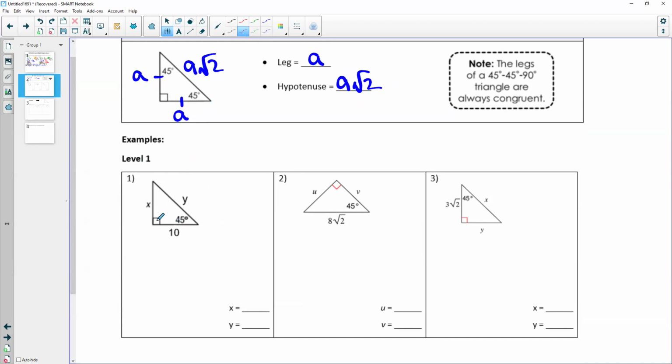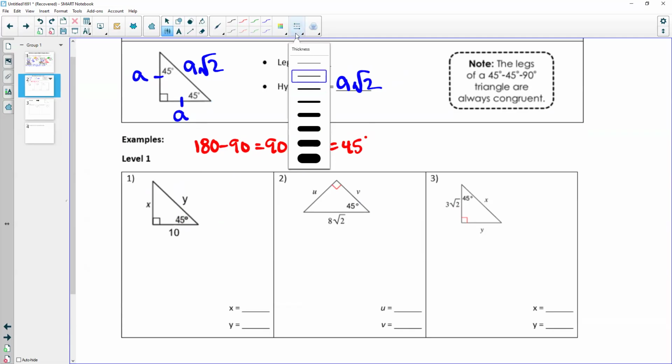Well, if I see here that I have a 90 and I have a 45, I'm only going to do this one time, but if we wanted to find that third angle, we would do 180 minus 90, which is 90, and then minus the second angle of 45. This would tell us that that third missing angle right there would be 45 degrees.